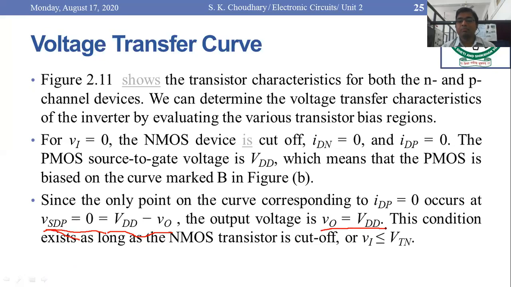This is the maximum voltage generated by the inverter output. And these conditions exist as long as your NMOS transistor is in cutoff, that means either Vi is equal to 0 or it is less than the threshold voltage, meaning your NMOS is in the cutoff region.